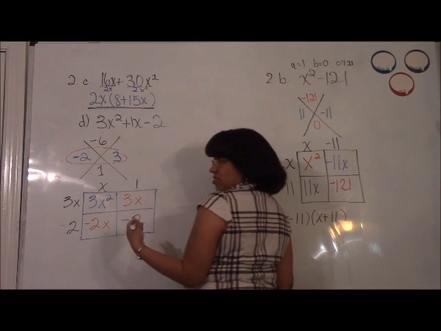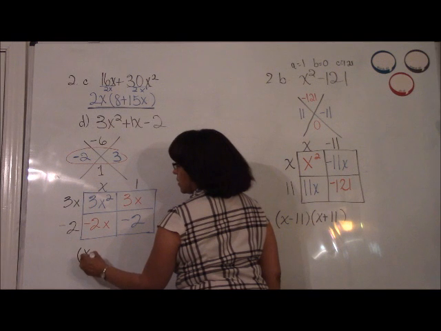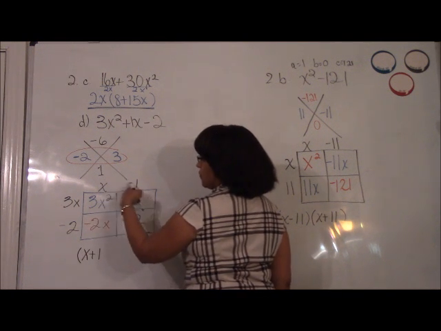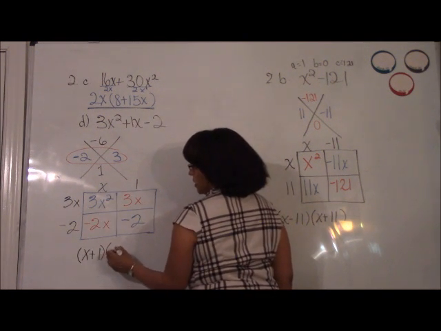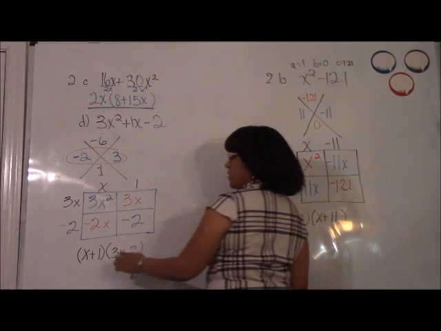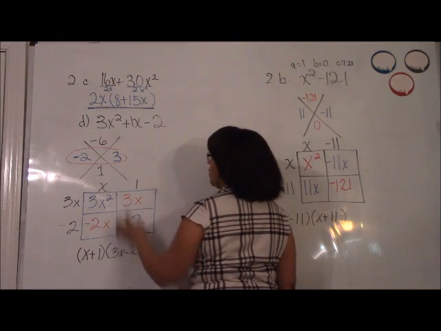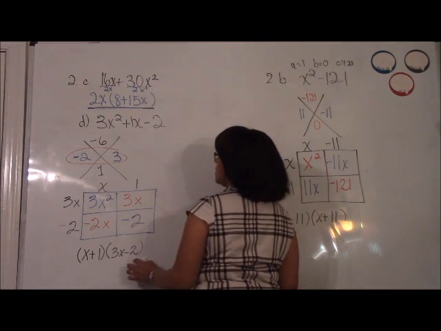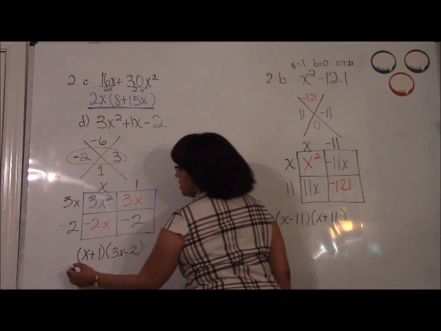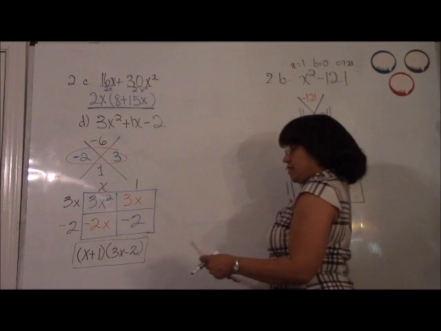You have to show it because there's nothing else there, so you have to bring your 1 out. So we have x plus 1, because that's a positive 1, times 3x minus 2. And you can check yourself, 3x times x is 3x squared. 3x minus 2x is 1x, and 1 times negative 2 is negative 2. So this is your final answer for number 2, letter D.